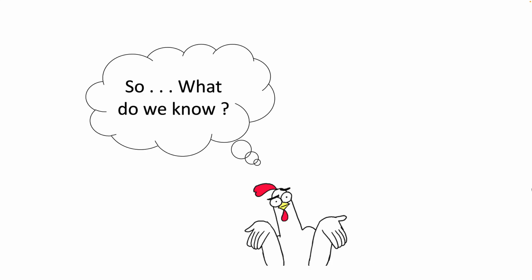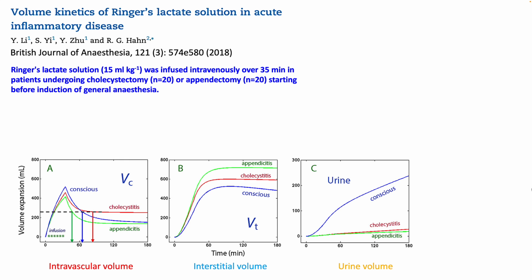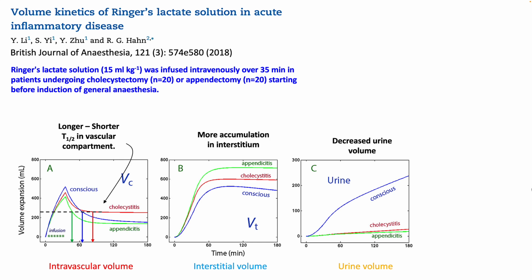So what do we know so far? There was one study that looked at the half-life of Ringer's lactate in patients undergoing cholecystectomy or appendectomy for cholecystitis or appendicitis before general anesthesia. They found that the half-life of the Ringer's lactate was either shorter or slightly longer in cholecystitis or appendicitis, with more fluid accumulation in the interstitium and decreased urine volume.